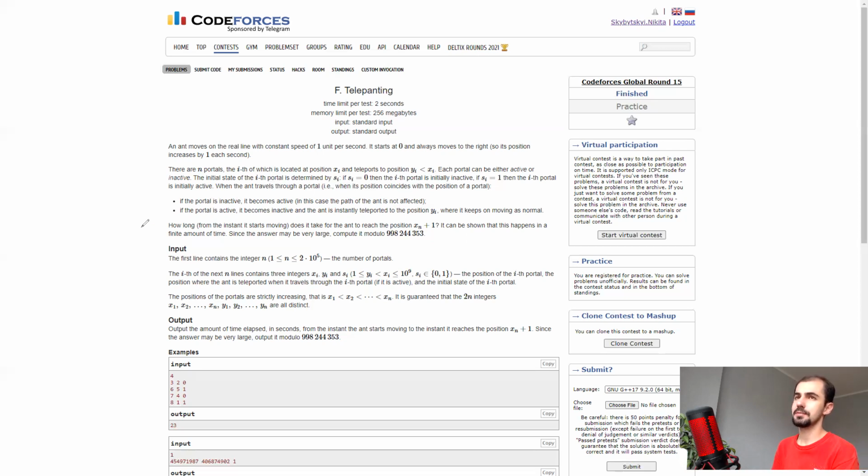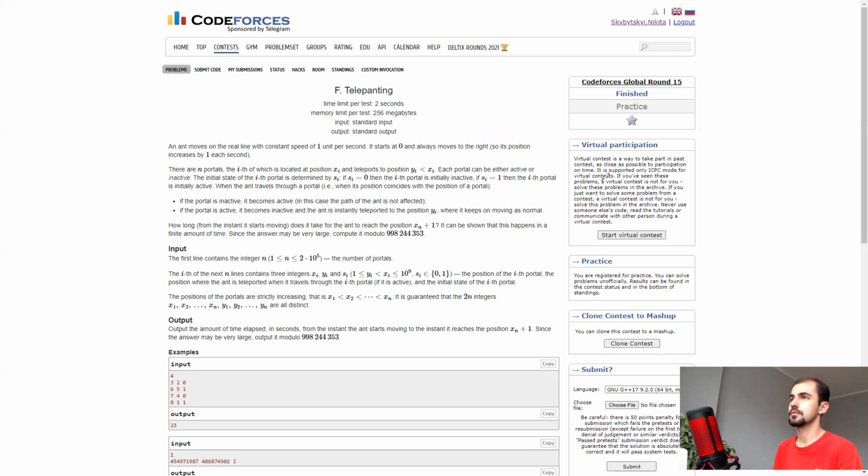And the question asked is how long it will take the ant to reach the position xn plus 1, so pass all the portals so that it will be no longer affected by them. Obviously the answer can be large if we just keep teleporting.